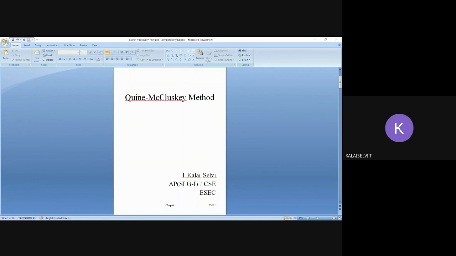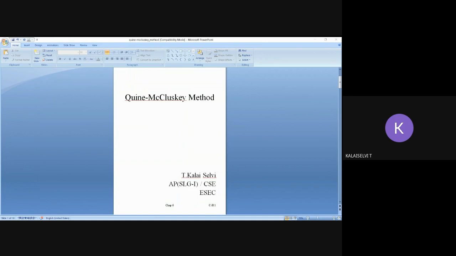So we can get the resultant product term as a b dash c, that is 101. So we are going to consider the terms which differ at only one position. In this method, we have to consider this as the main point, which helps in simplifying the Boolean function.